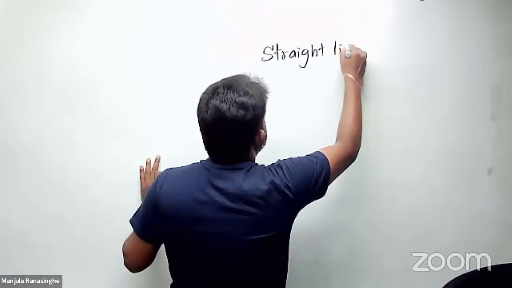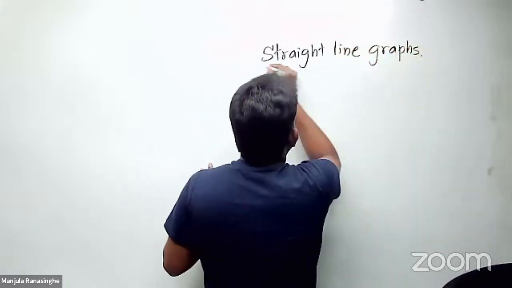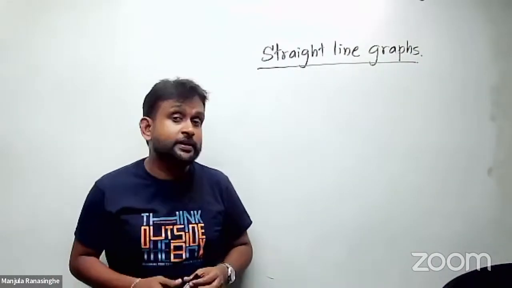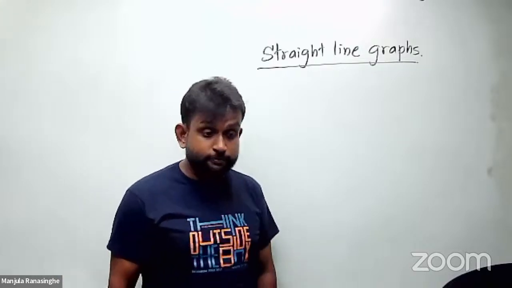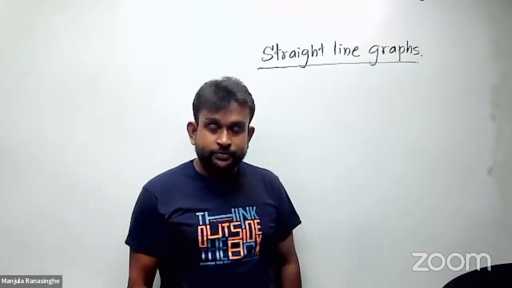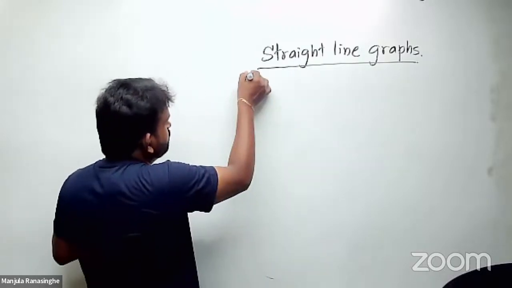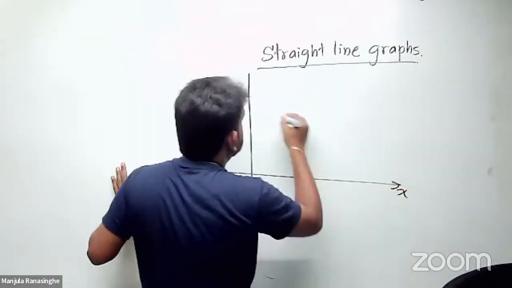Straight line graphs. You can write down the topic straight line graphs. Keep a book for this one, fast track theory, so you can quickly catch up on the knowledge. What is a straight line graph? You know that on the coordinate plane, the X and Y axes are there.